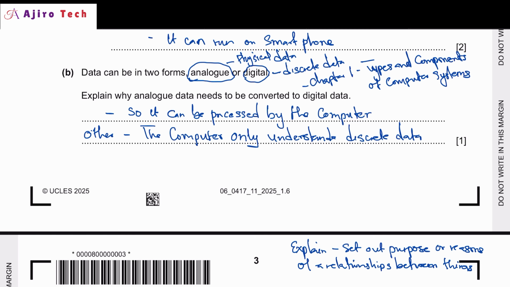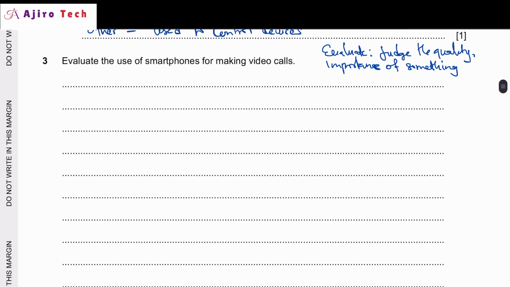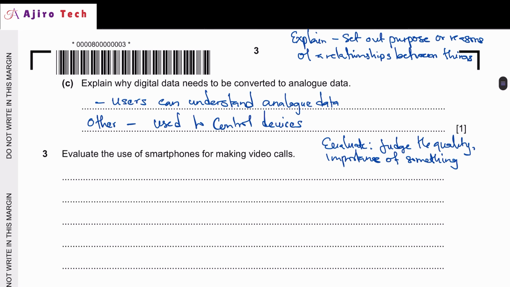Please let me know if you can see my handwriting in the comment section. This is also chapter 1. Now evaluate the use of smartphone for making video calls. Evaluate the use of smartphone for making video calls.